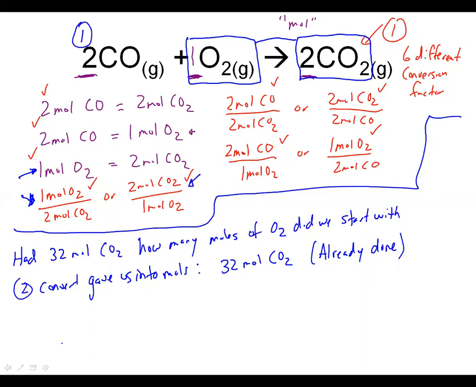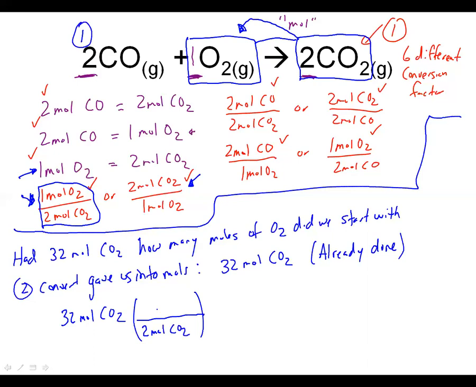So now when we take our 32 moles of CO2, we want to get rid of CO2 to get the O2. That is the big stoichiometry part. We want to go from this one, which is the only information we got, to our O2. And that means we want to get rid of the CO2. So we would use this conversion factor right here: 2 moles of CO2 on the bottom, 1 mole of O2 on top.